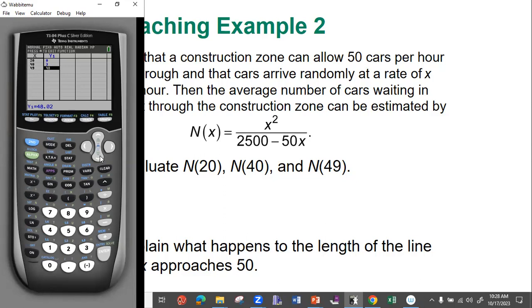Now it says, what happens as it approaches 50? Well, let's see. When I type in 50, what does it say? Error, error, error. Okay. Anyone know why it says there's an error at 50? Why do we have an error at 50?